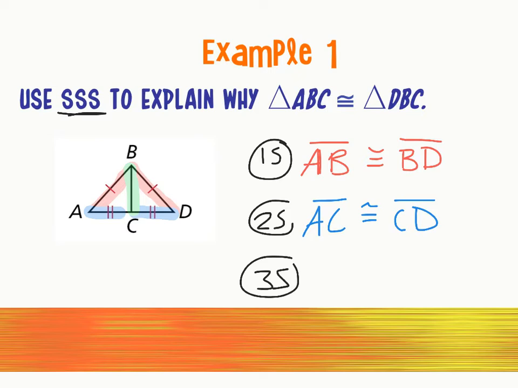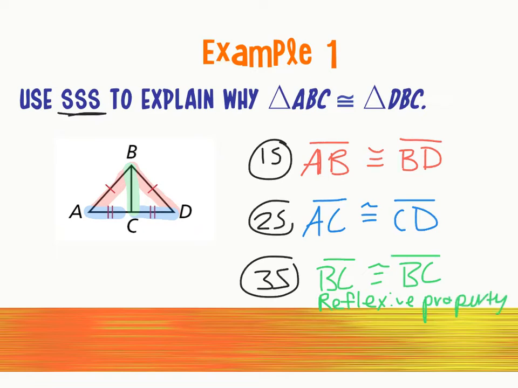Since that's the same line, we know that BC is going to be congruent to BC, and we know that because of the reflexive property. So BC is congruent to BC, that third side that we needed, because of the reflexive property.